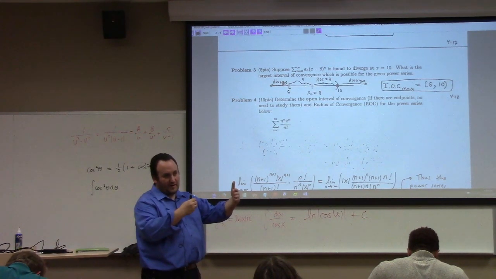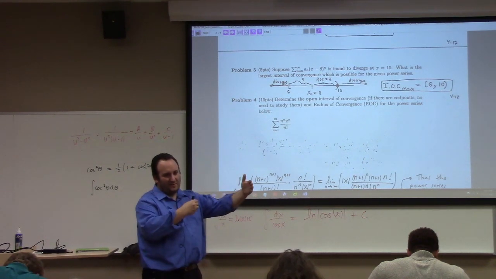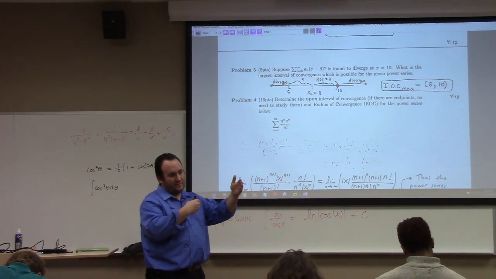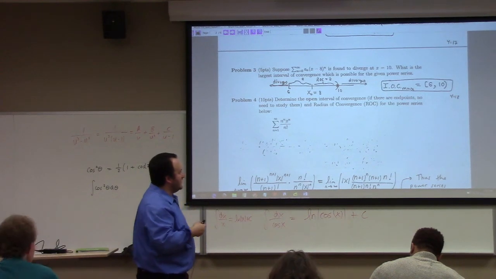You can't have it diverge 5 away on the left and converge 4 away on the right. What happens at 5 is up for grabs, because you can converge at 5 on one side and diverge at 5 away on the other side.